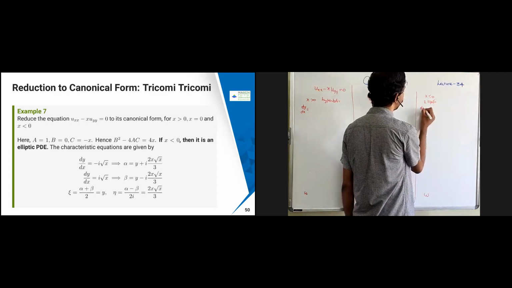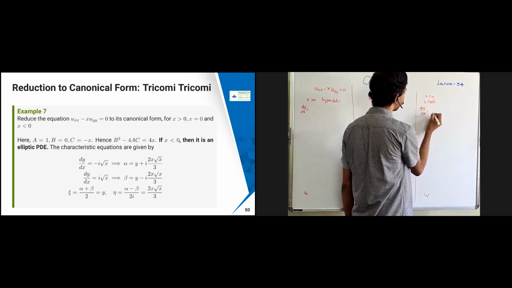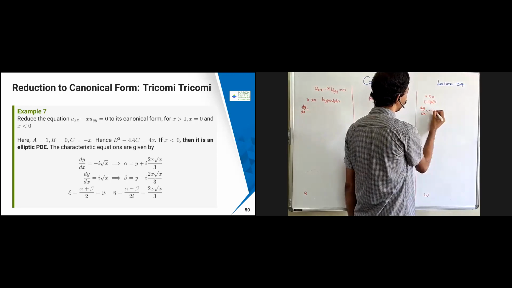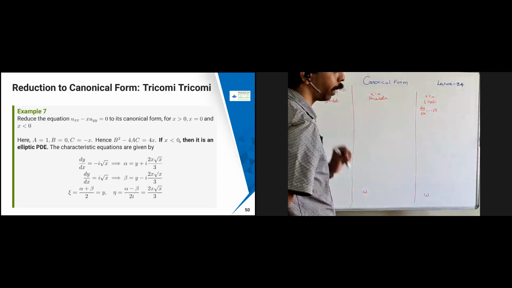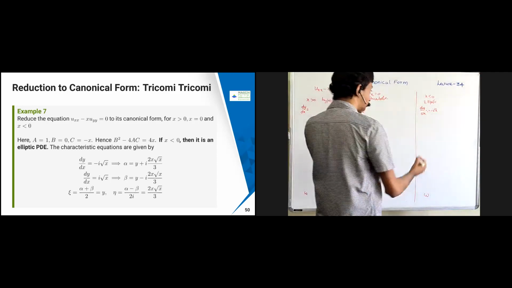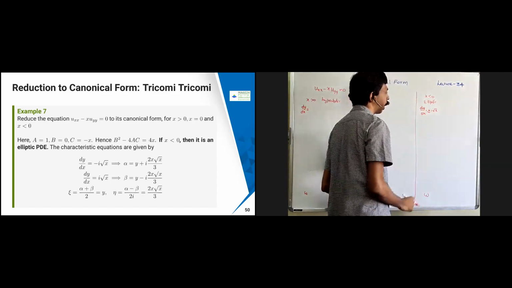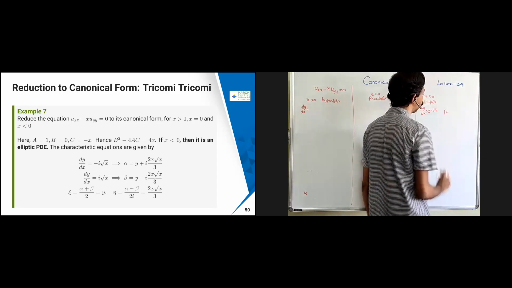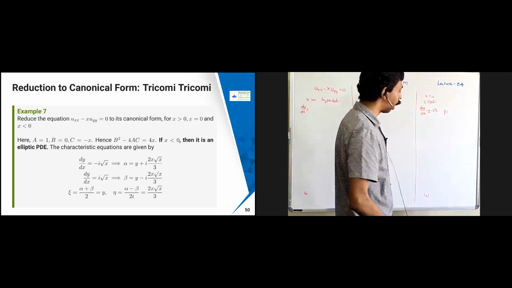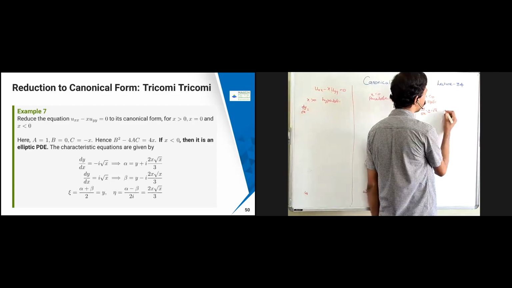So dy by dx is going to become like minus i root x. So you are going to get plus or minus i root x. I can just choose whatever i is as eta and whatever is chi. So I have chi equal to y minus, sorry. First here alpha will come, then you have to choose chi.